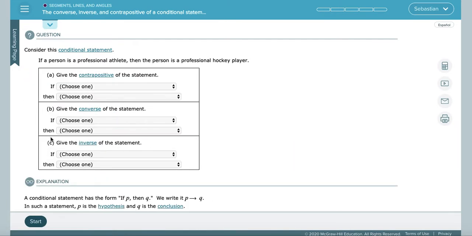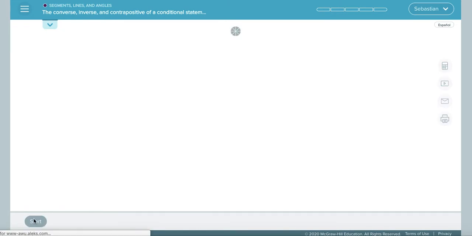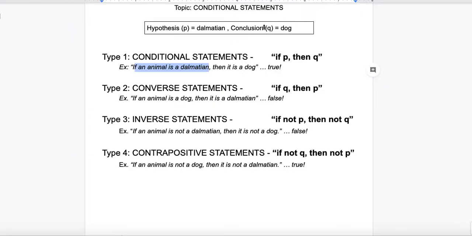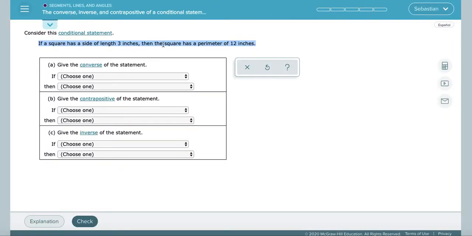Okay, so let's get this started. Our conditional statement is written right here. If a square has side lengths of 3 inches, then a square has a perimeter of 12. That's a true statement right there. So I'm going to start with the converse. For the converse, all we do is switch the P and the Q. So I'm going to start with this part.